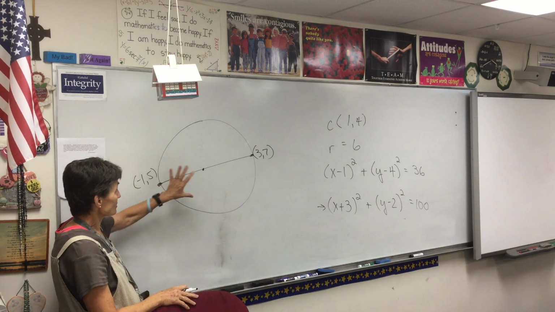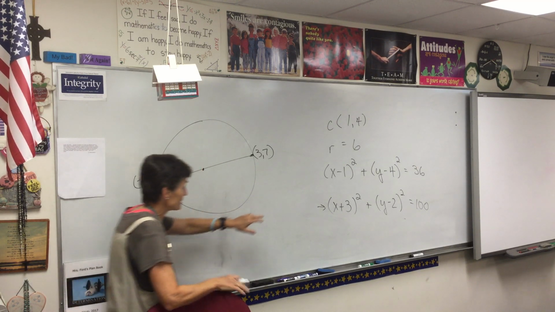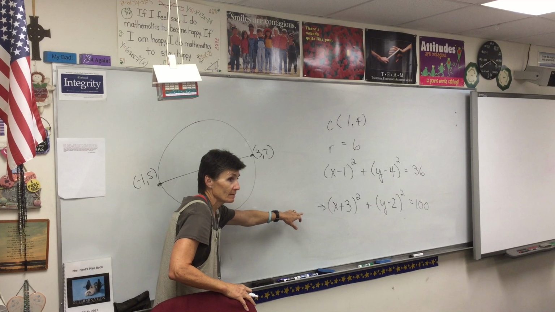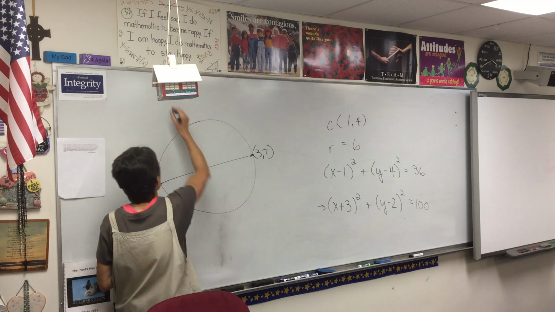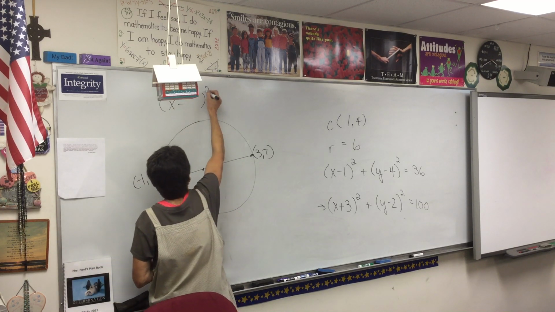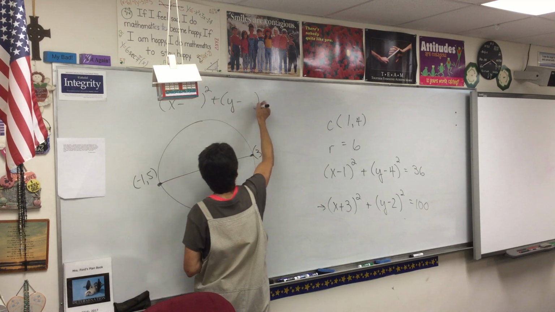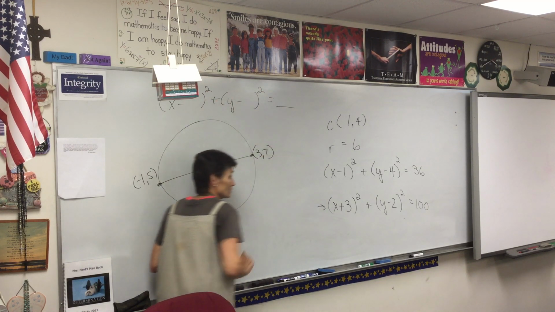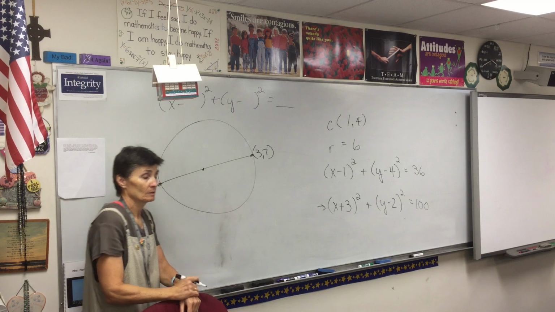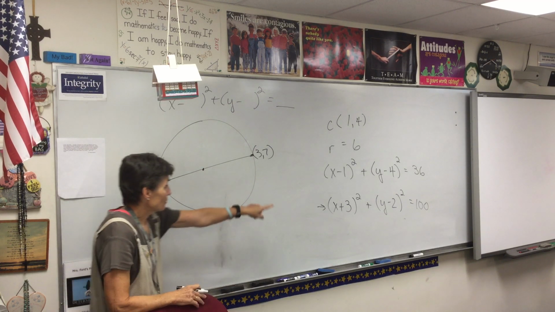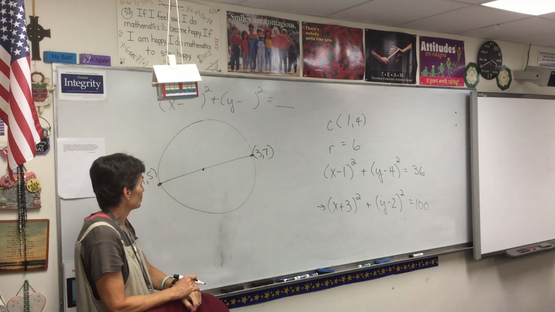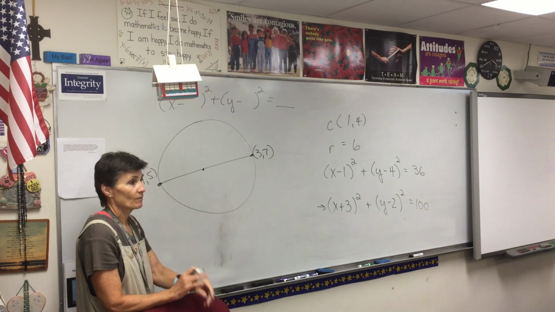So this is all you have, and this is what you want to come up with: the equation of a circle, just like you did right there, but that's all you've got.